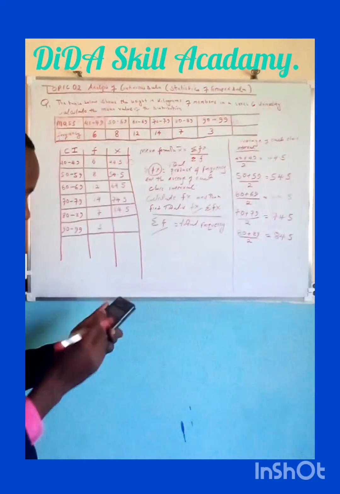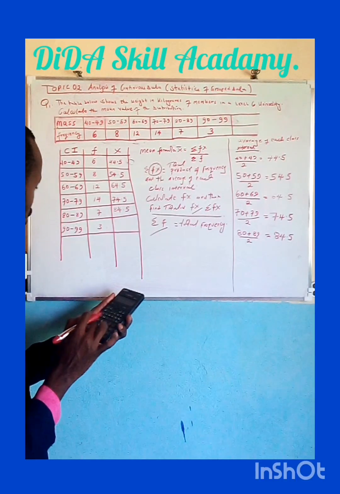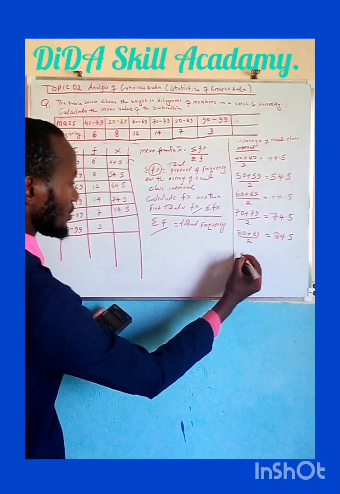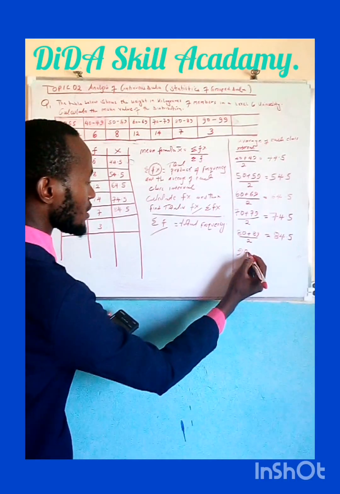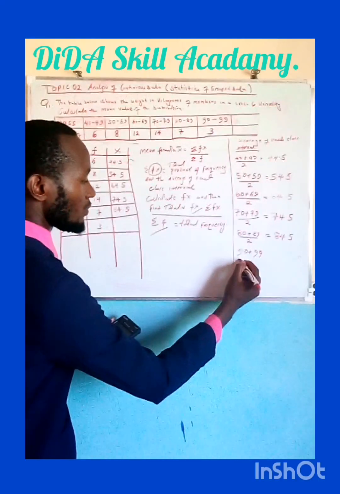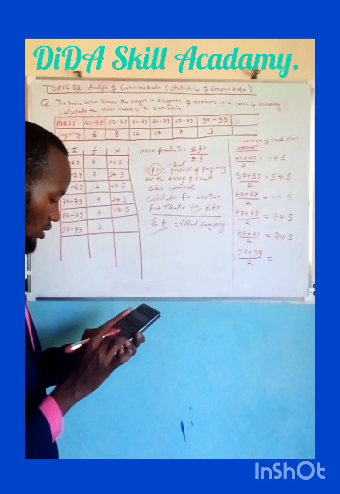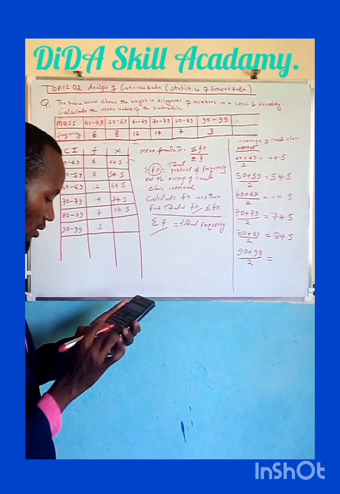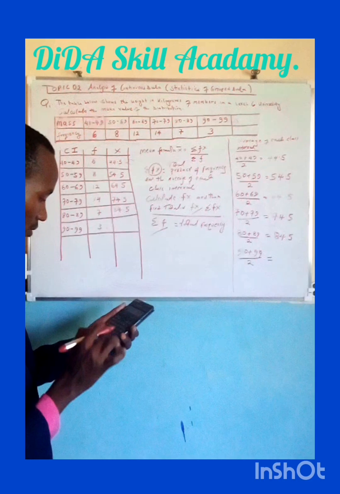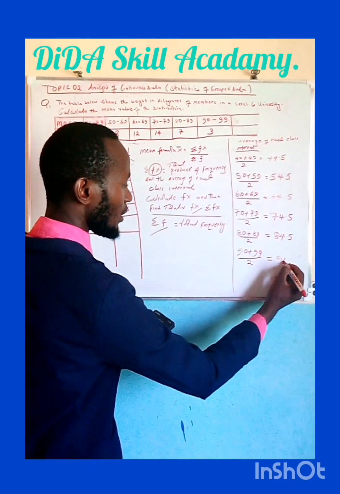And then in the final class interval we have 90 plus 99 divided by 2, we will have 94.5.